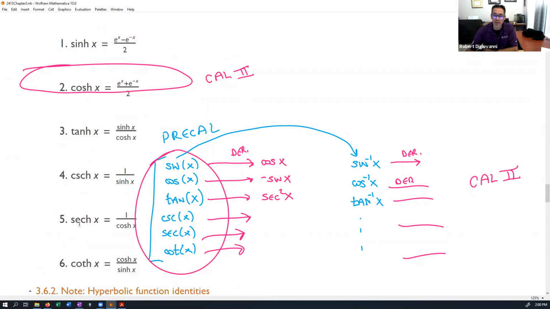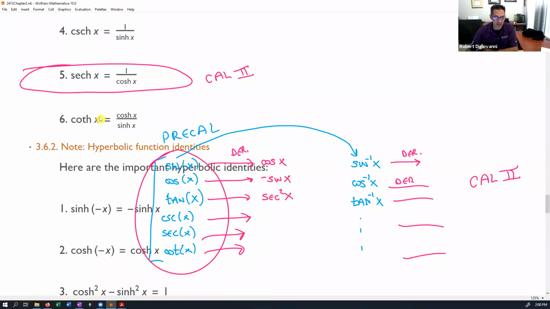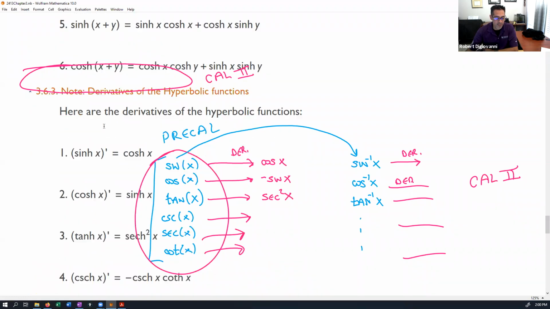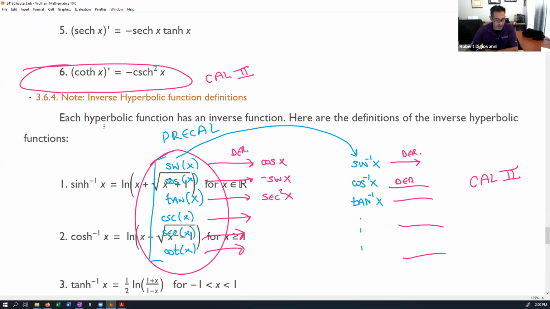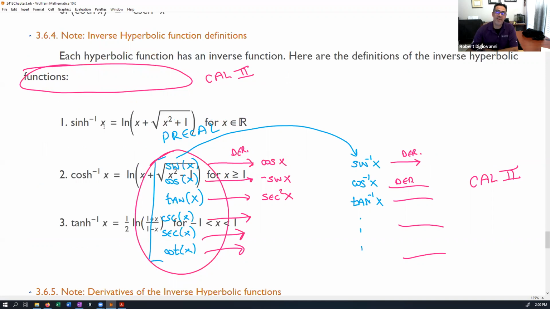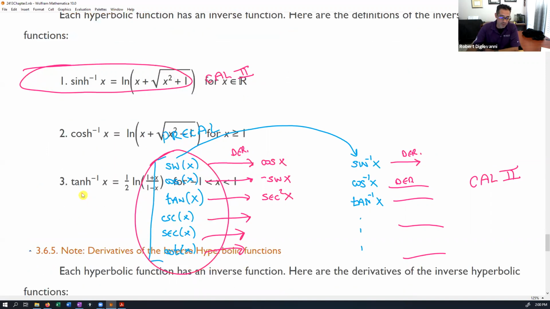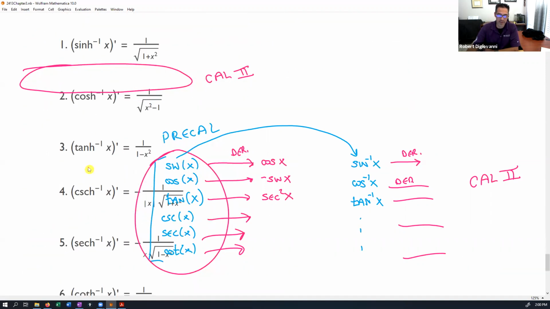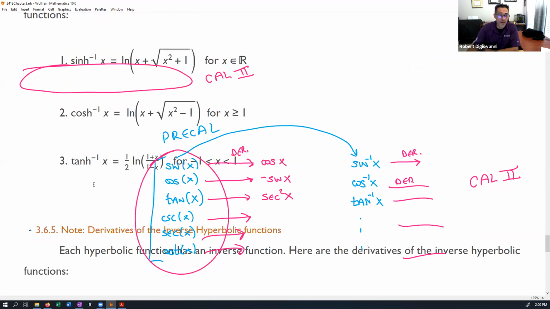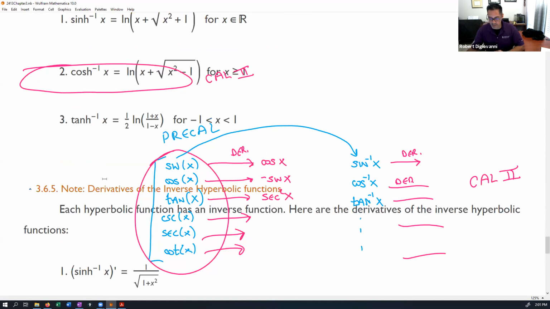So there's 6 more functions. Each of those has derivatives. And then you study their inverses. So each of those 6 hyperbolic functions has 6 inverse hyperbolic functions, and each of those has 6 derivatives. So you're going to wind up with another 12 functions.